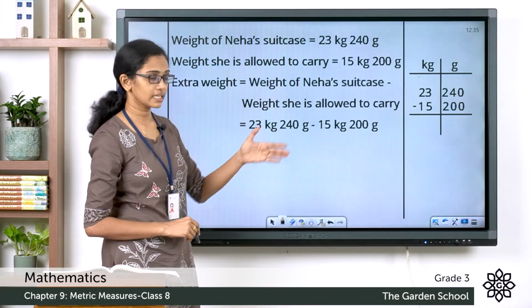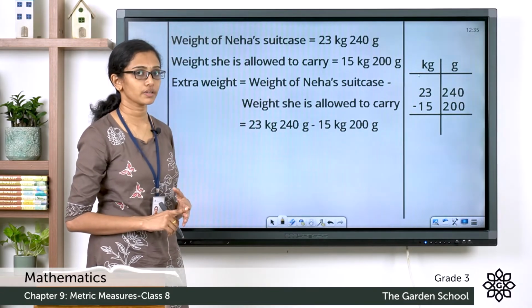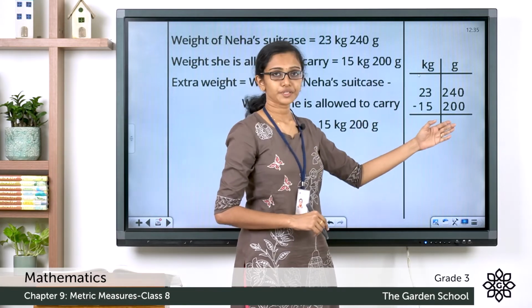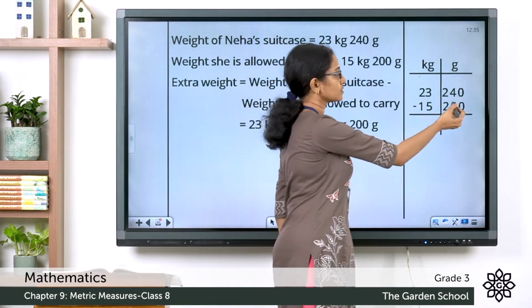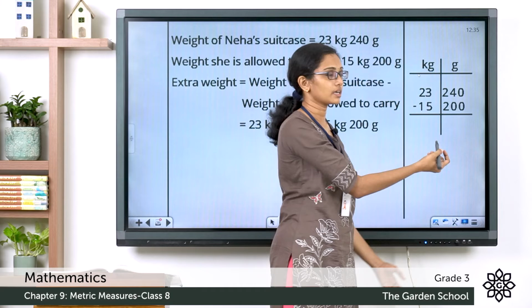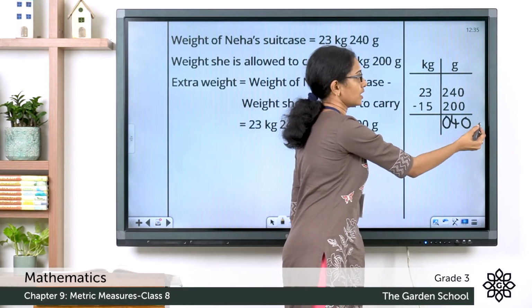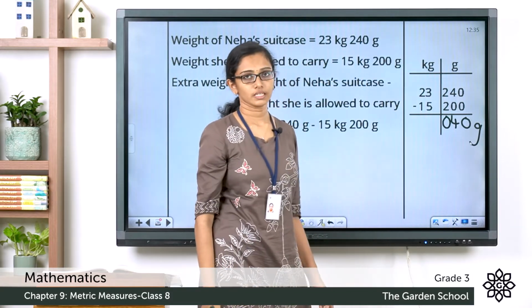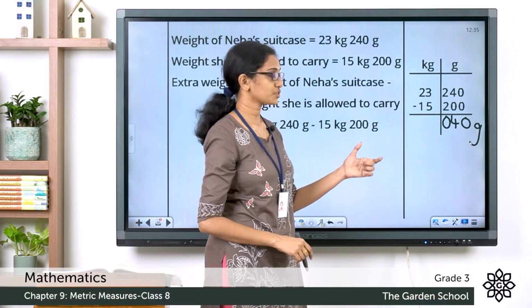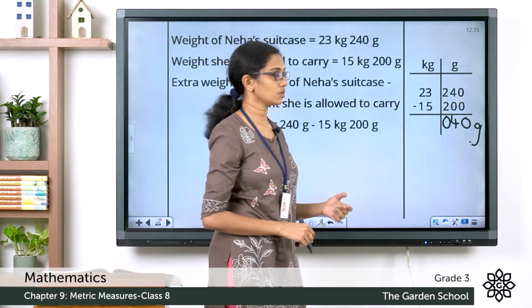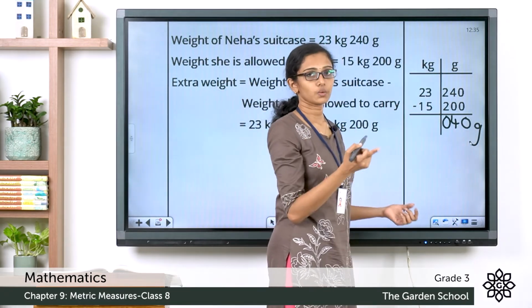First we have arranged the measurements in proper columns of units. So we have kilogram and gram. Starting from the smaller units column, we have 240 minus 200. Now what is it? 0 here, 4 here, 0 here. So it is 40 grams in the grams column. Moving to the higher units column, we have 23 minus 15 kilograms. 3 minus 5 we cannot do.